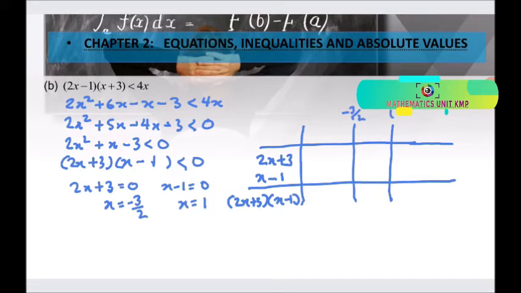So from here we can get the values of x: either x is less than negative 3 over 2, or x is greater than negative 3 over 2 and less than 1. Another one here is for x greater than 1.